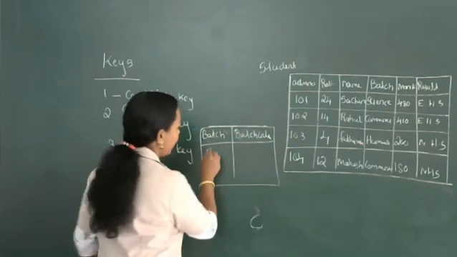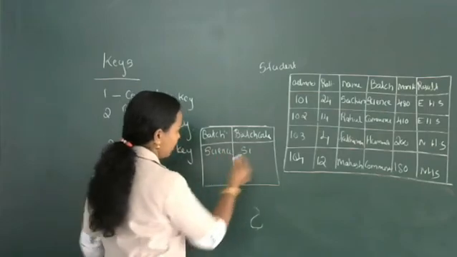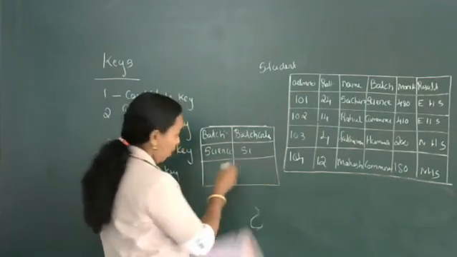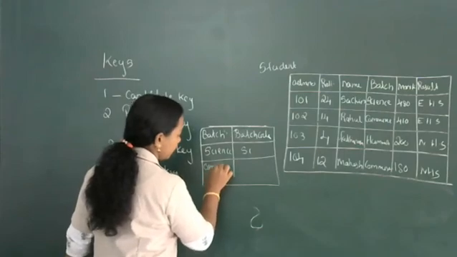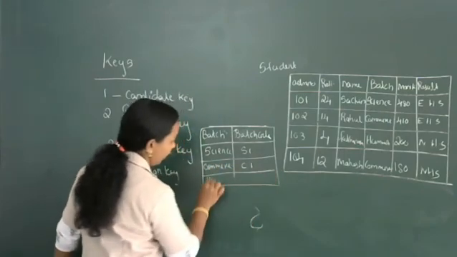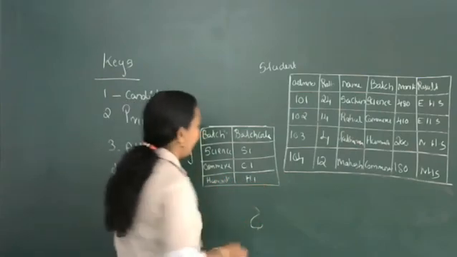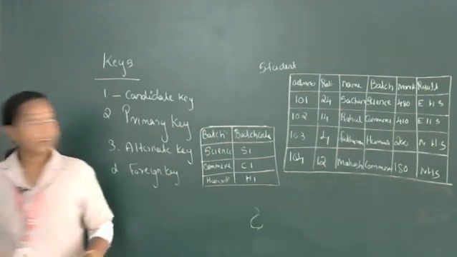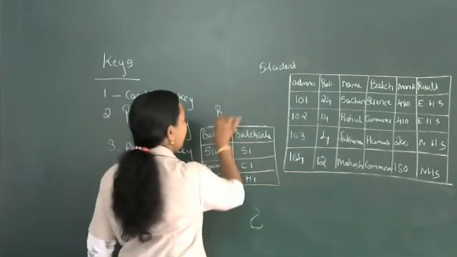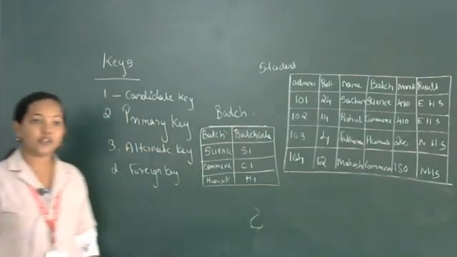Batch code. Science, batch code is S1. Then commerce, batch code is C1. Then humanities, batch code is H1. Okay. So first relation, student relation, and second relation, batch relation.